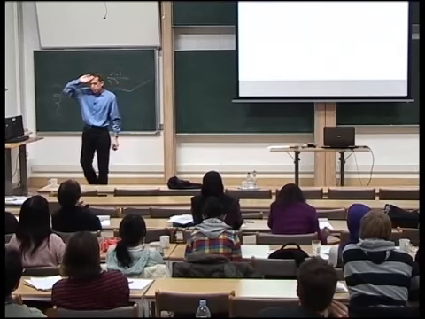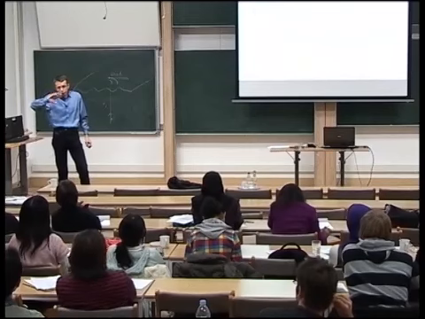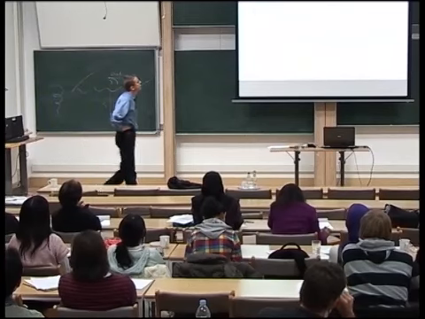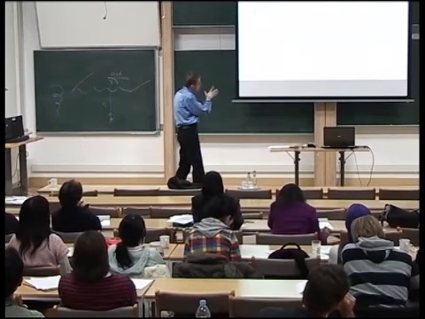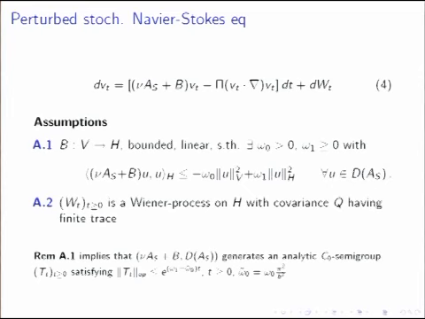So it is of some interest to study this equation for abstract perturbations. I will formulate the results for a general linear operator B. The only assumption on this perturbation of the stochastic Navier-Stokes equation is that it should be bounded as an operator from V to H, which is the case in our situation.